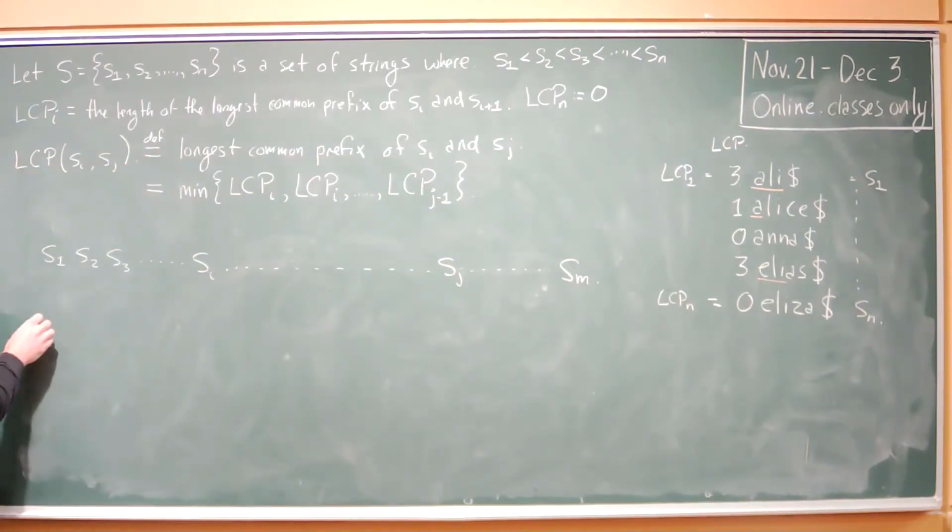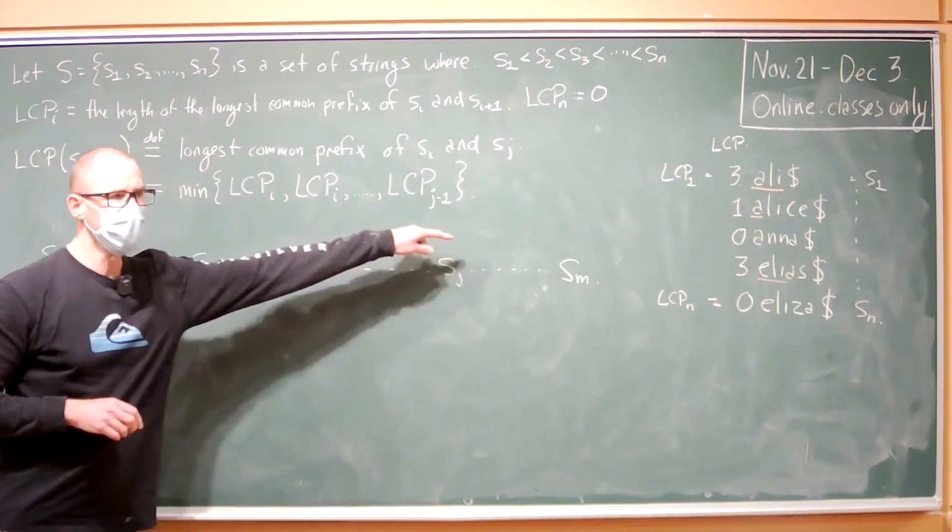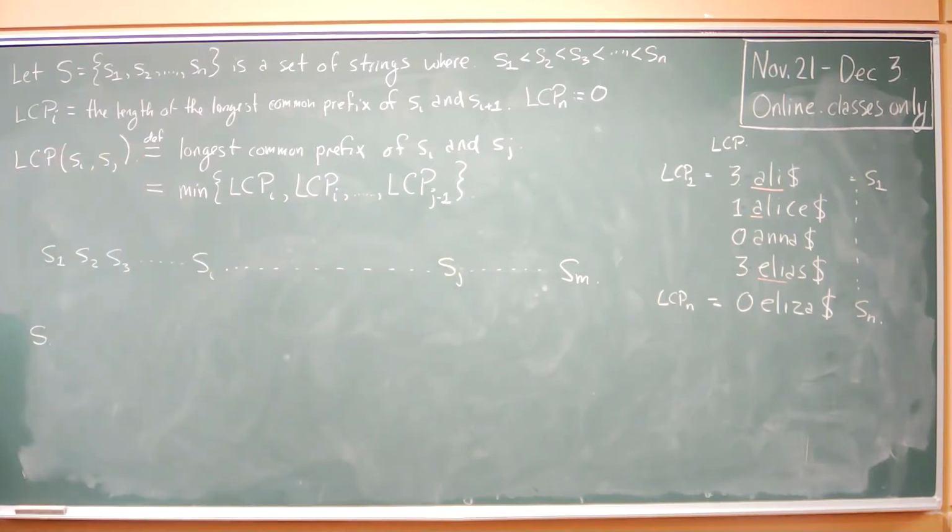So you might give me a string S and say, well, I want you to find S in this set, or if you can't find it, show me the things which are closest to S, meaning the largest string which is smaller than S, or the smallest string which is larger than S.